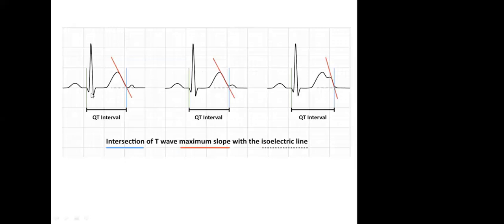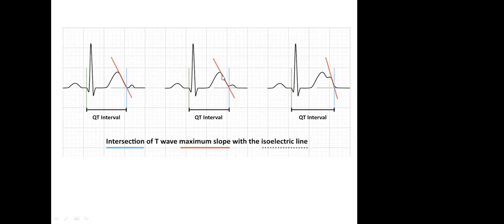By that, I mean when we are calculating QT interval and we have a U wave, we take the maximum slope. If we have a prominent U wave, we will include it. If we have a smaller U wave, which is closer to the isoelectric line, we are not going to take the slope.